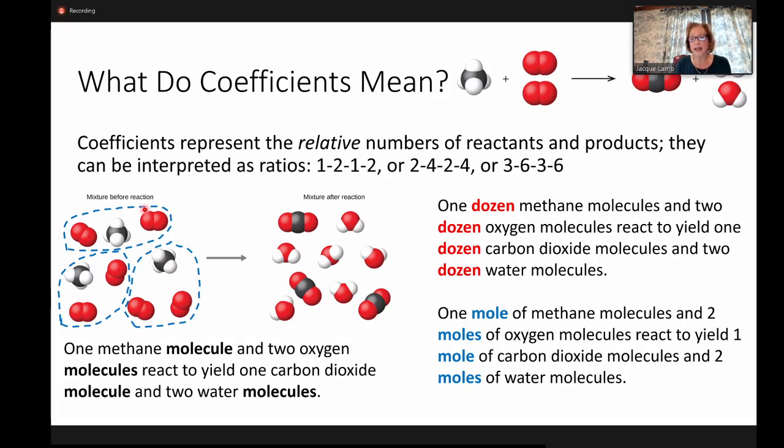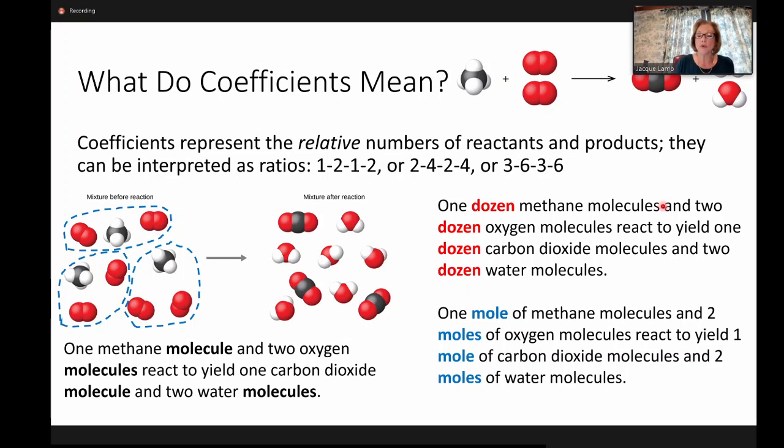We could then scale it up. 1 dozen methane molecules react with 2 dozen oxygen molecules. The reality is that we don't ever work in quantities that small. They're much too small for us to deal with. We tend to work with moles.